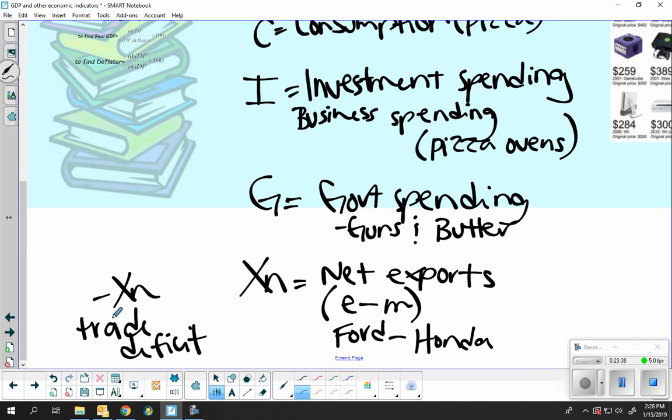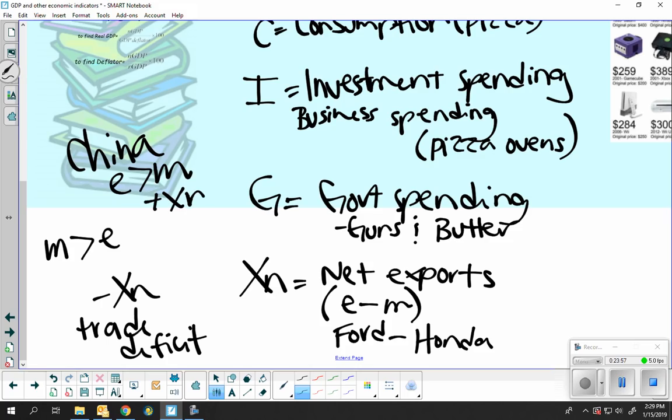We have a trade deficit. We import more, like oil and almost all clothes. I was right the first time. We import more than we export. China, on the other hand, exports a larger amount than they import. So they have a positive XN, because they have a trade surplus.